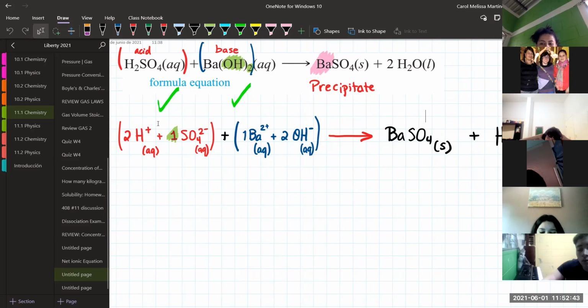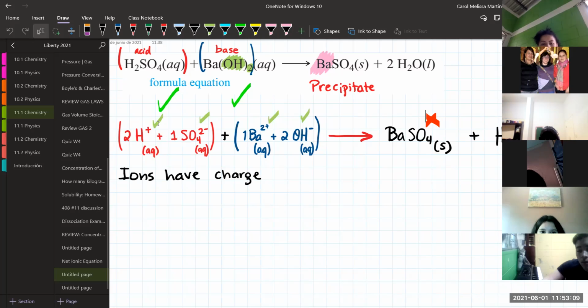Remember that to recognize the ions, you must check the charge. So you have charge here, there, here, there, but you don't have any charge here and no charge over there.